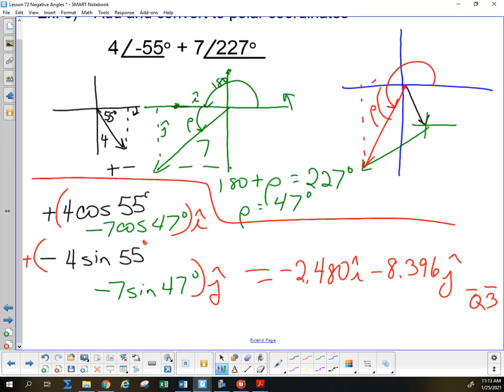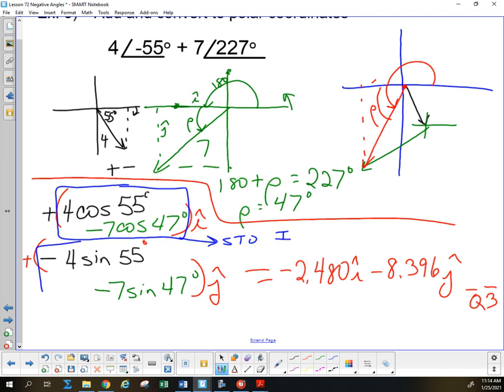What you really need to do as you enter these on your calculator is 4 cosine 55 degrees minus 7 cosine 47 degrees. Store that as i hat.